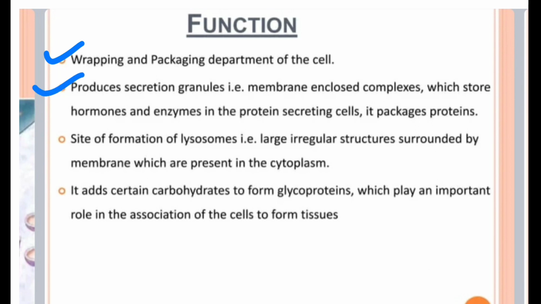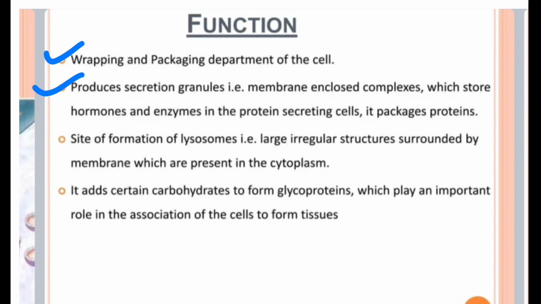Next, it produces secretion granules, which are membrane-enclosed complexes that store hormones and enzymes in the protein-secreting cells. It packages proteins. As I have told you, the Golgi apparatus is like a delivery system. In Flipkart or Amazon we give orders, and from that manufacturing system we get those orders through a delivery boy.